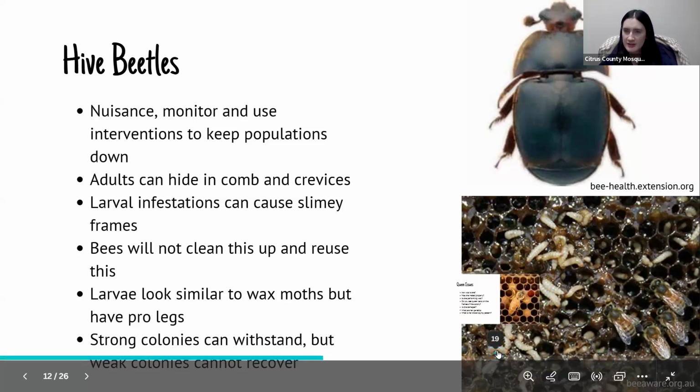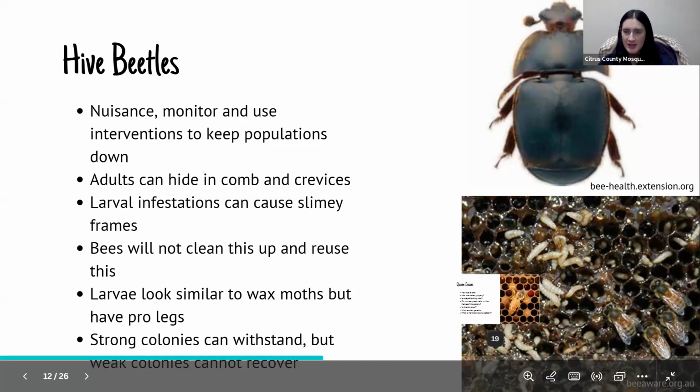And again, strong colonies can really fight these things, and weak colonies cannot. So this is the type of pest where if you've already got a weak colony, either from nutritional problems or queen issues, if they're queenless, then they might have more of an issue with hive beetles. But if you've got a good, strong colony, they're going to be okay.